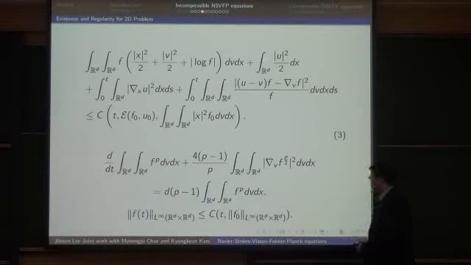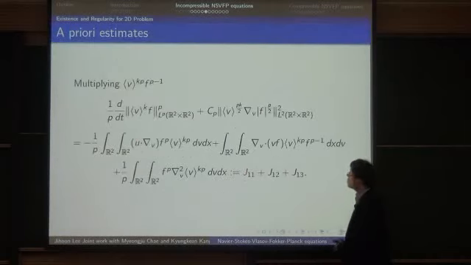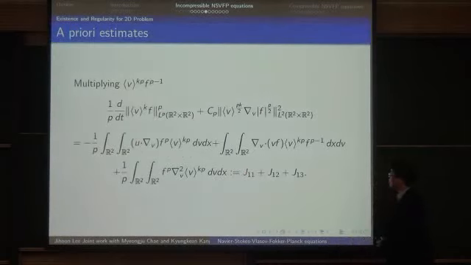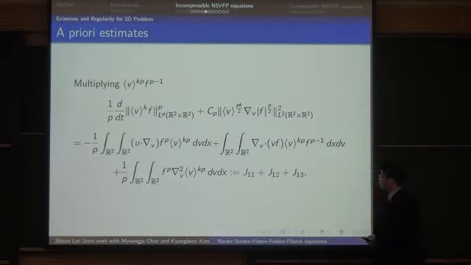And this is another a priori estimate: any Lp norms can be controlled by the initial data and T. For the estimates of the high moments of the norm of f, we just multiply and integrate, and then we have this kind of equation.